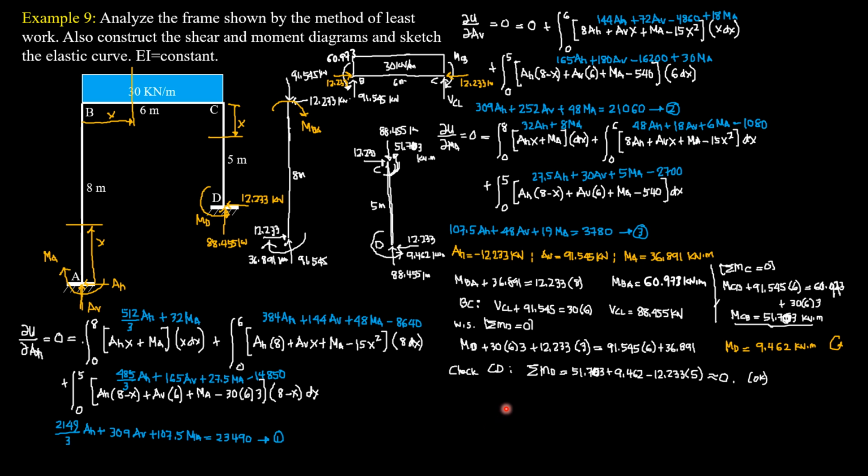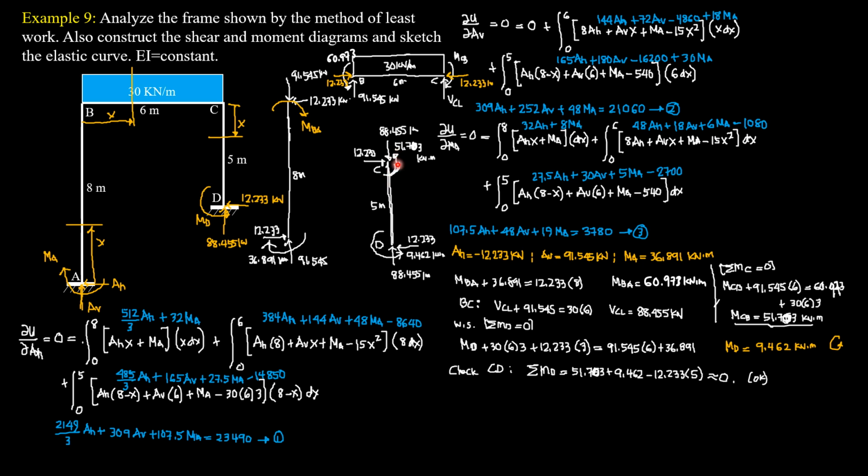Then let's check if CD is in equilibrium. This is CD here. Summation moment about D is equal to the moment CB we already computed.